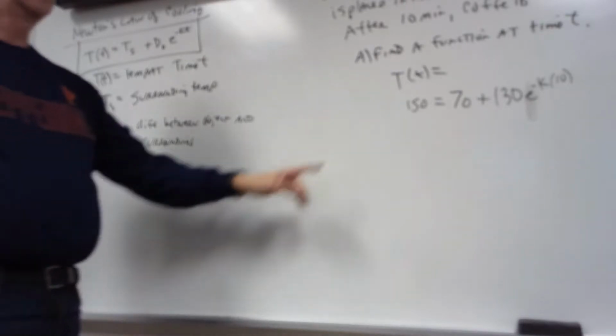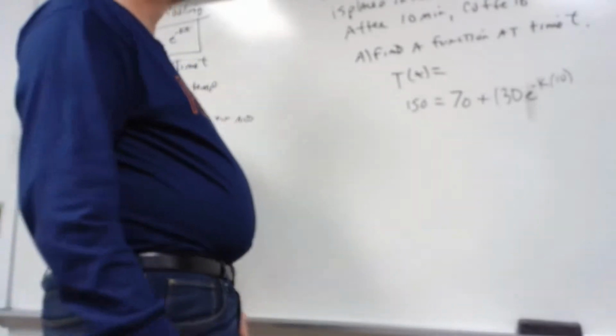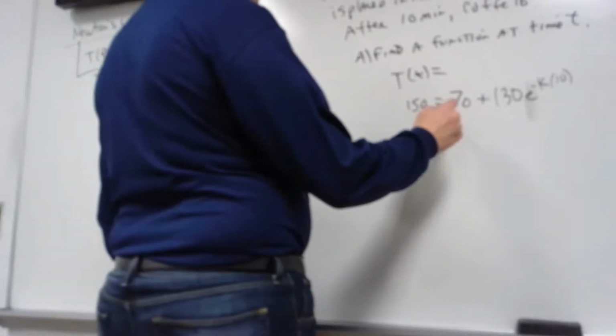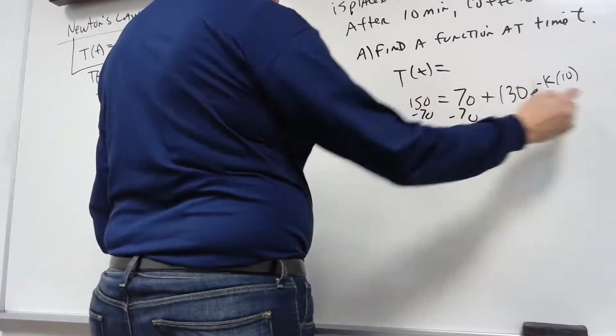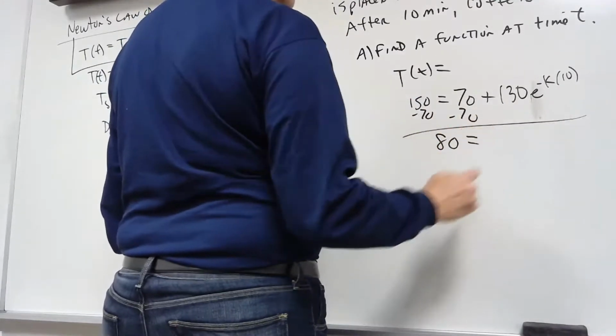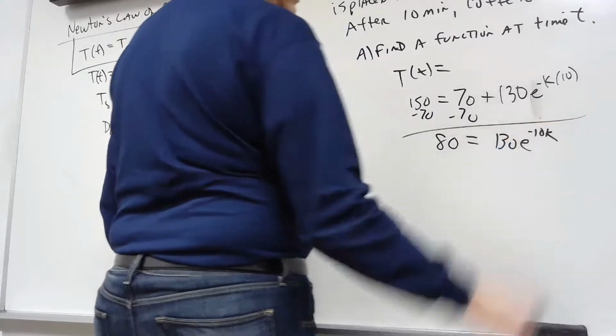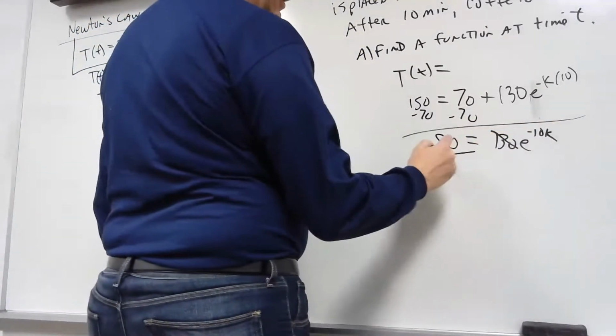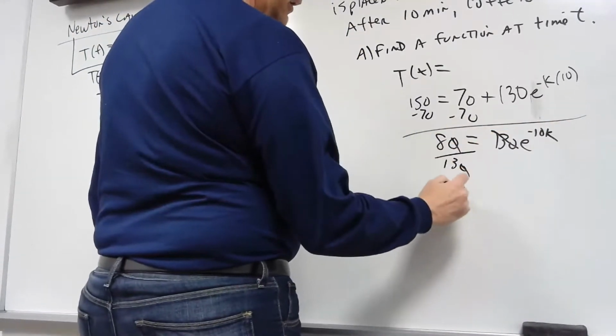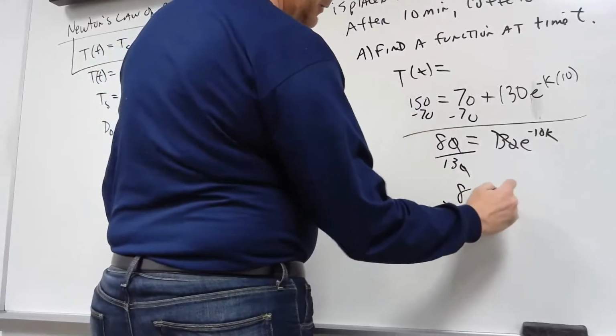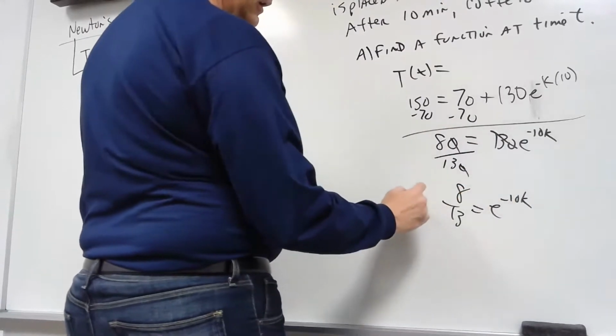To solve for k, so first we'd minus 70 from both sides. Okay, 80 equals 130 e to the minus 10k. Then we divide by 130. So 8/13 equals e to the minus 10k. And then you put them both to the natural log.